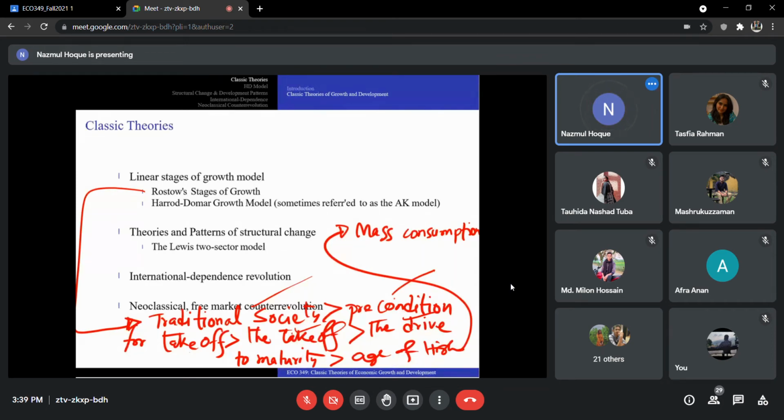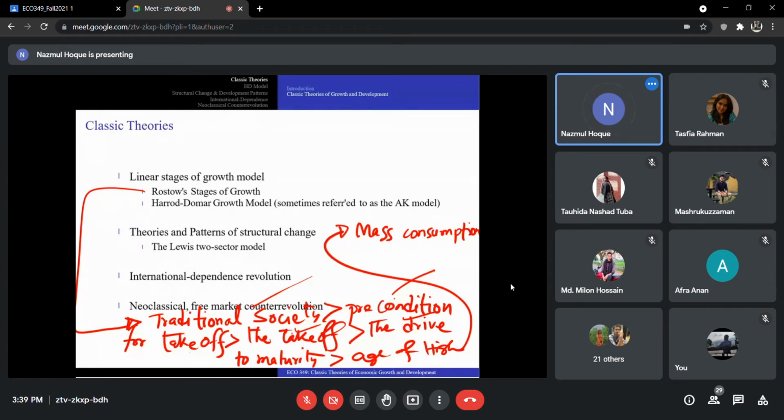Then we have the Harrod-Domar growth model, sometimes also referred to as the AK model, because output is a constant times the amount of capital that the economy has. That's why it's known as the AK model.